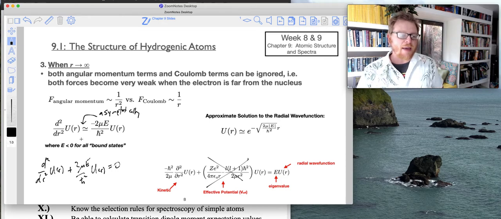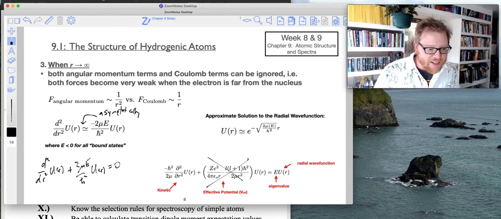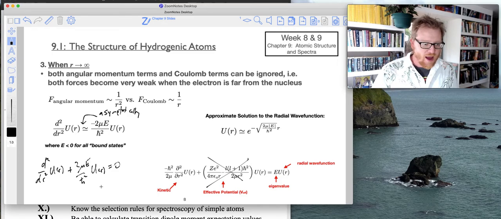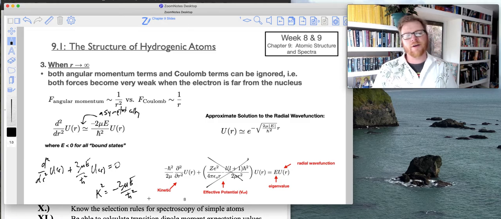And so what that means is when you're going to set up the solution, you're going to get something like k squared equals negative 2 mu E over h bar squared. And at first inspection, you might say, well, that's going to have imaginary solutions, but it's not.